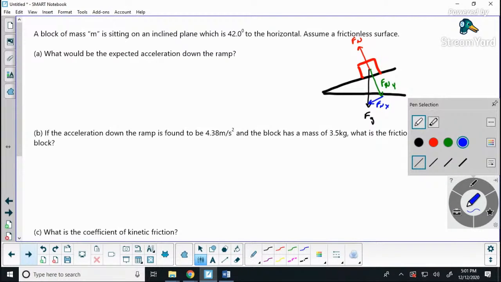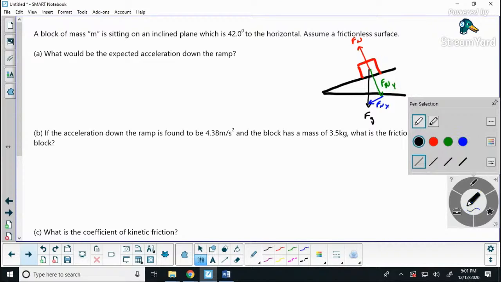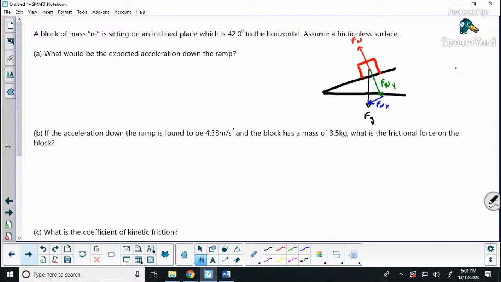And because this is frictionless, if I were to draw a free body diagram of this scenario, I would have my point mass, my force of gravity, my force normal, and then my force normal on the x.